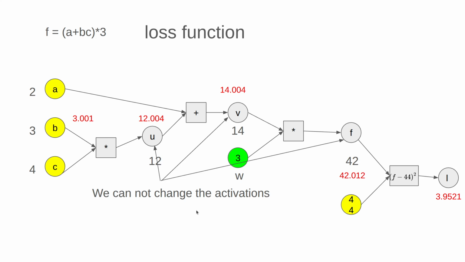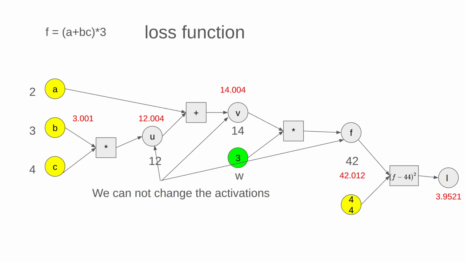Why? Because those things are decided by their input. Although we know when we do the manual differentiation, we say that we change u to something a little bit higher than that, actually we cannot do that.